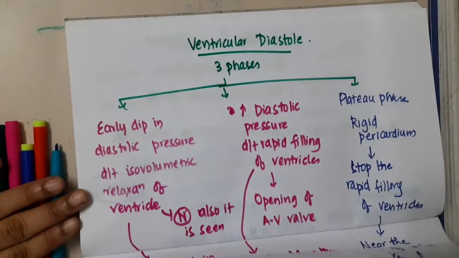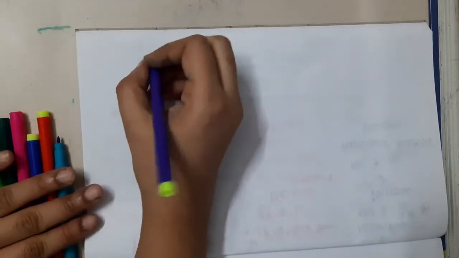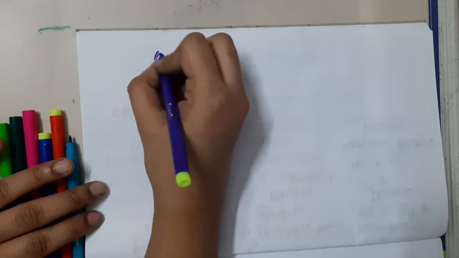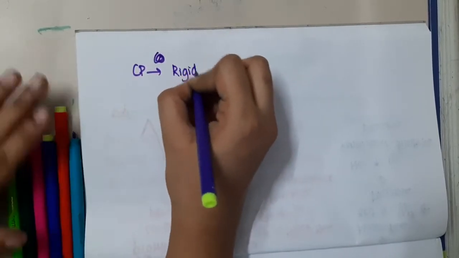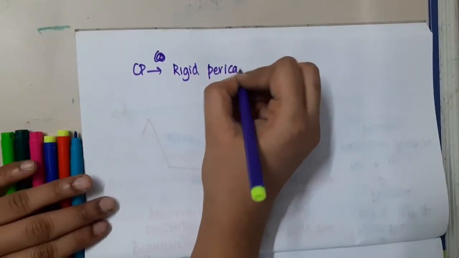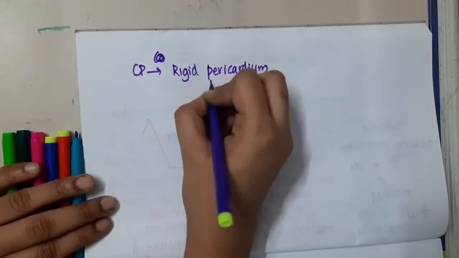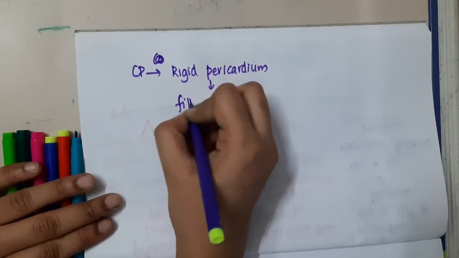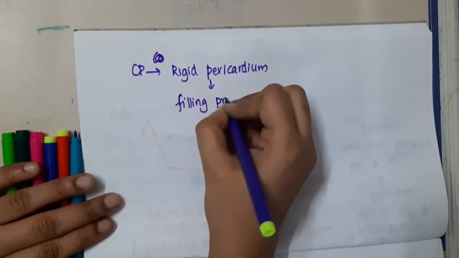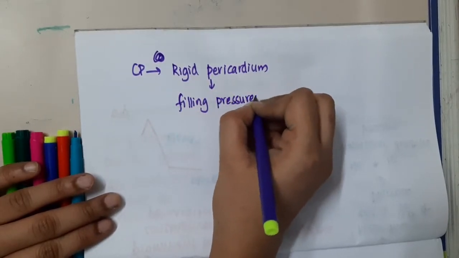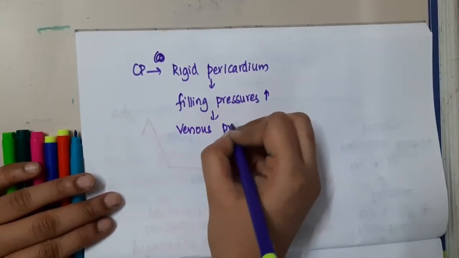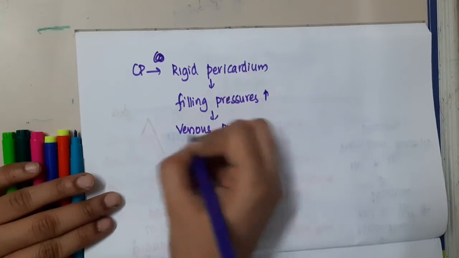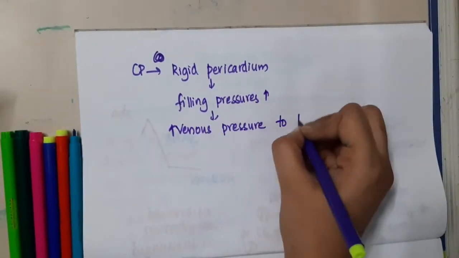Then, an important thing: due to constrictive pericarditis, due to the rigid pericardium, cardiac filling is decreased and filling pressures are raised, and even venous pressures are raised in order to increase the filling.